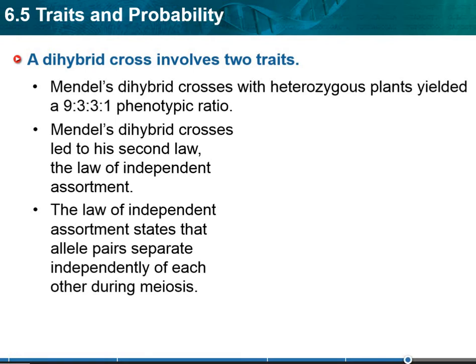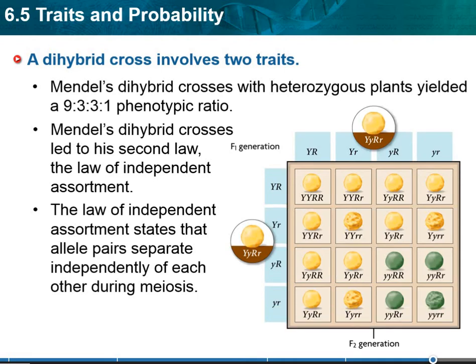So another scientist ended up going a little bit further on that later and ended up saying that it was actually the chromosomes that assort independently of one another, and they don't affect one another. And this is showing Mendel's cross here.